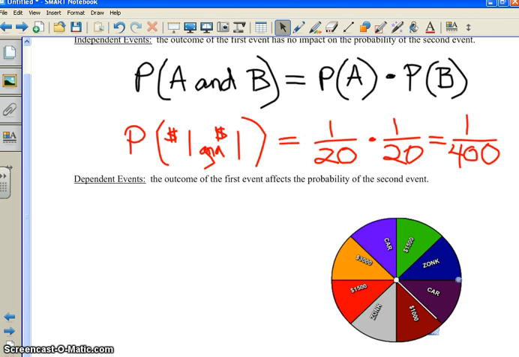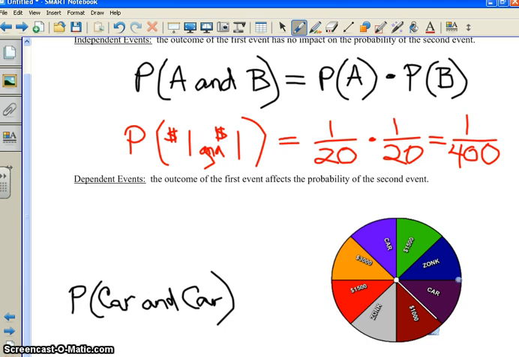Now, sometimes the outcome of the first event can affect the probability of what happens on the second event. This is the case in the Let's Make a Deal spinner at the bottom of your page. We want to figure out the probability of spinning the car and then spinning a car the second time around. Now, the first time, 2 spaces out of 8 are marked car.